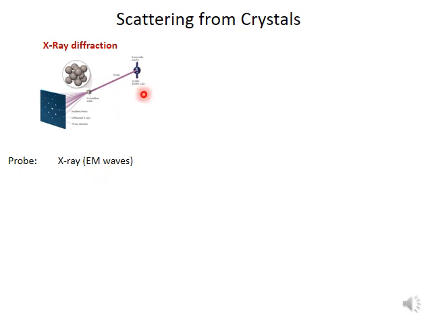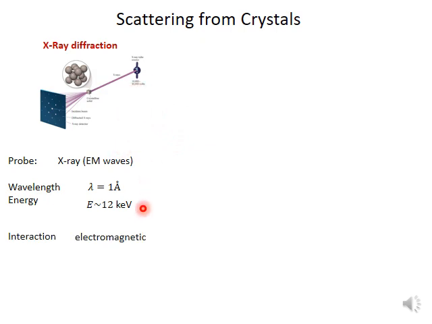So the probe, the entity which is incident on the sample or crystal, is the X-rays, and they are electromagnetic waves. The waves we use for such experiments have a wavelength of approximately an angstrom, which corresponds to an energy of a few tens of kilo electron volts, 12.3 keV for this particular wavelength. So this is quite a high energy, if you compare it with, let's say, the binding energy of electrons to an atom.